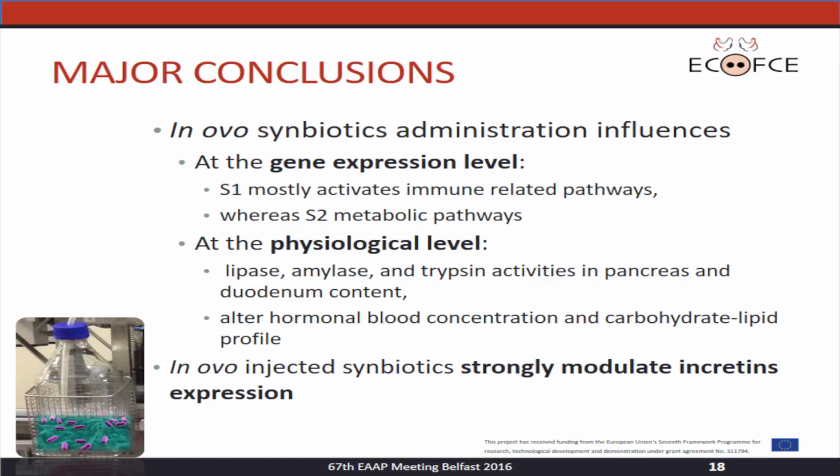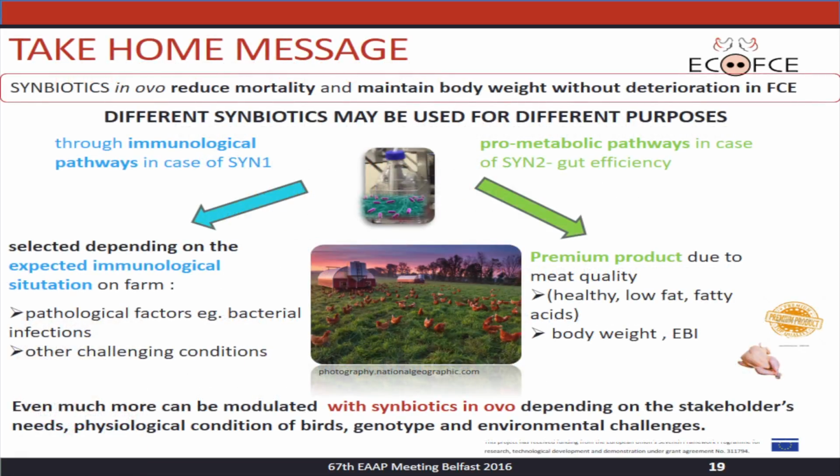At the physiological level, different physiological and biochemical parameters were changed, but the effects were rather transient. It was not a clear picture which we could observe for the entire rearing period. But what we did detect was the strong modulation of the incretins expression.